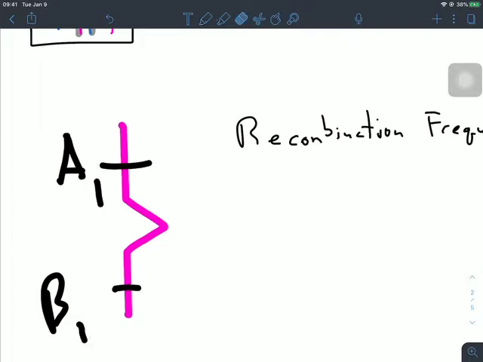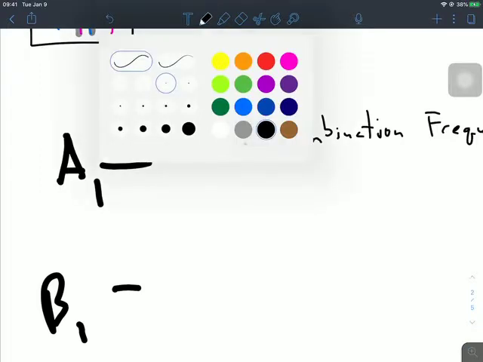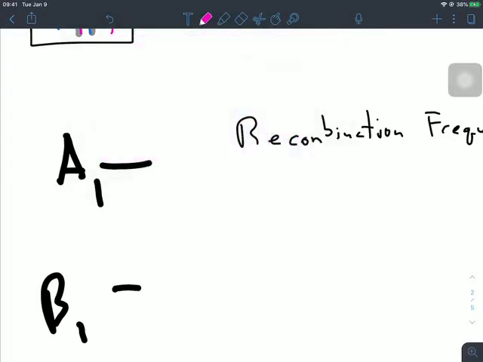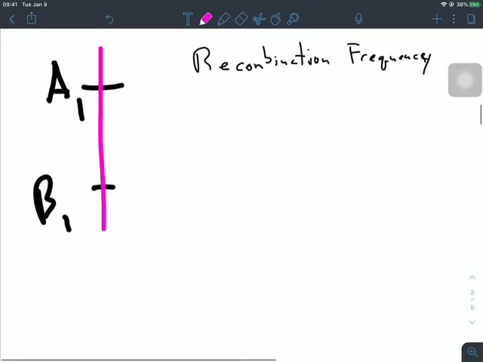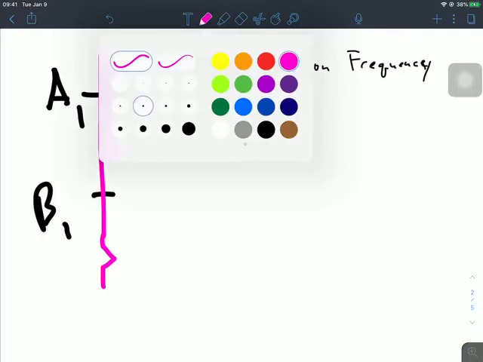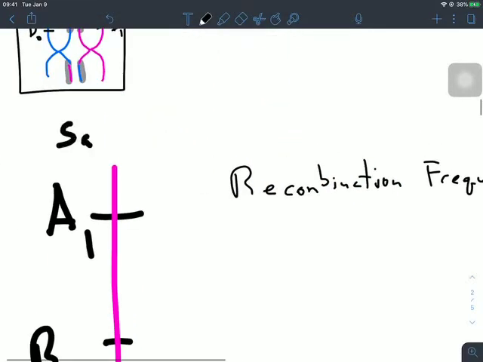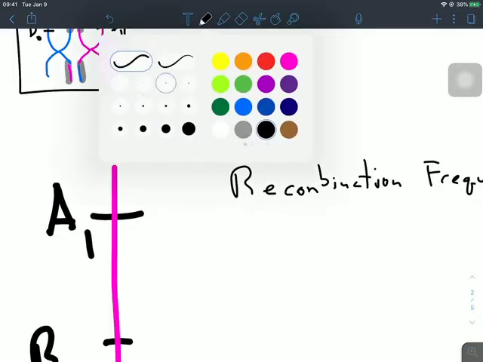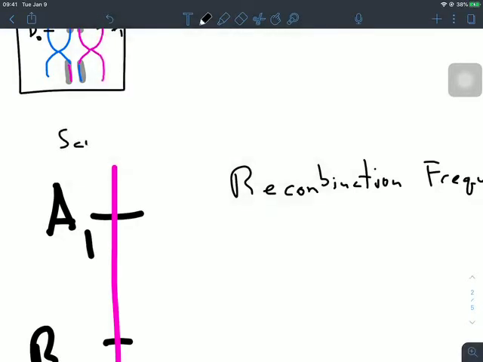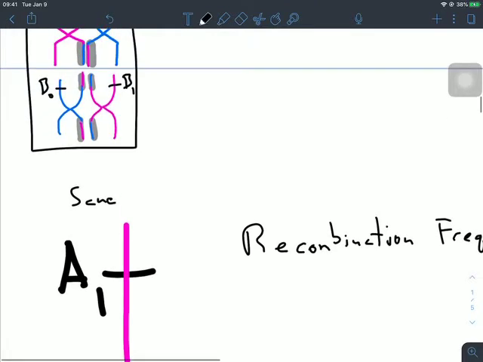Now, I do want to make one simplification to our drawing here to keep things a little bit more consistent. Instead of going across the centromere, because it will bother me, we'll assume that these two genes are now actually on the same side, the same chromosome arm. So just one aesthetic change, not really anything that you need to worry about till way, way later in your biology education, but I don't want to be drawing things kind of crazy.